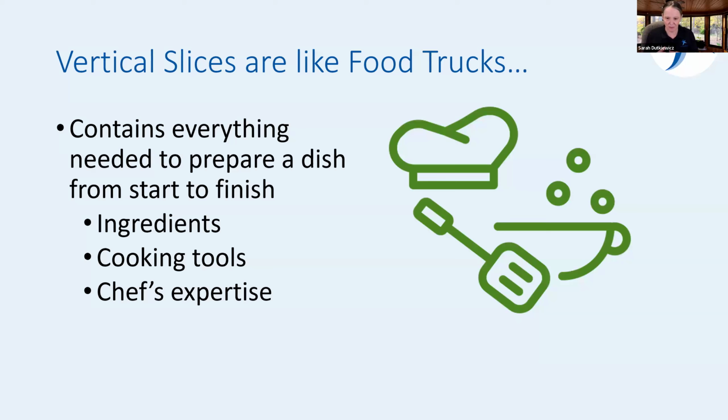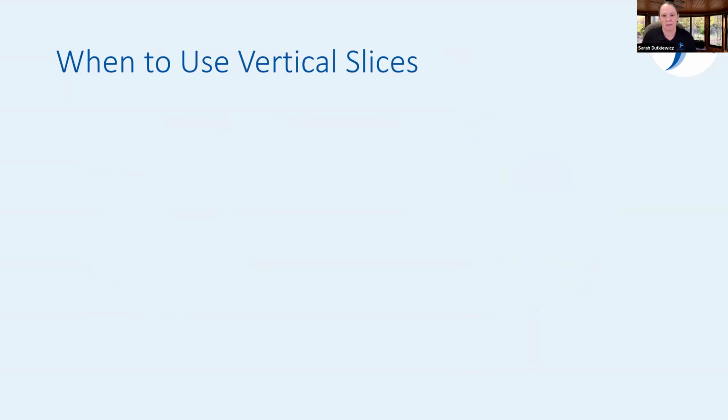Anything that happens for a burger on a burger truck is right there. Does the pizza truck need to know anything about the burger stuff? Not necessarily. They can be separated. With vertical slices, you have an independent feature, and that feature has everything there ready to go. So when I think of vertical slices and food analogies, this is where I go to, the food trucks, because it is encapsulated into one feature.